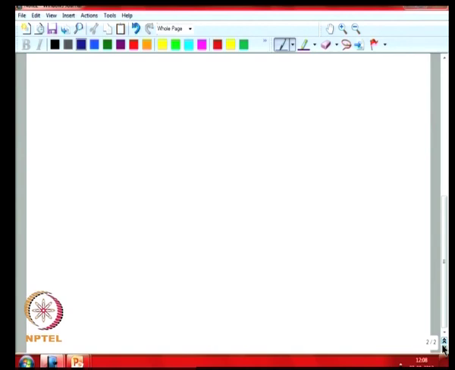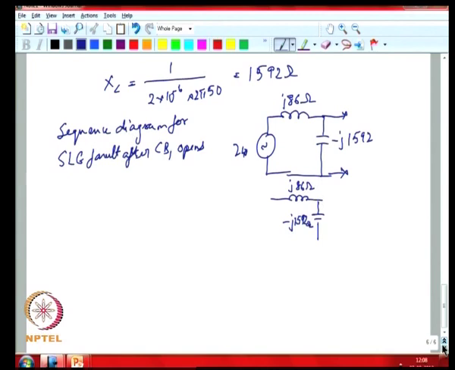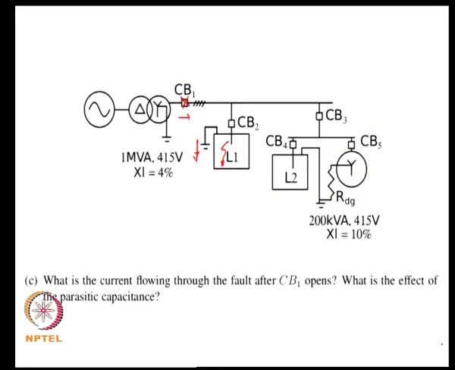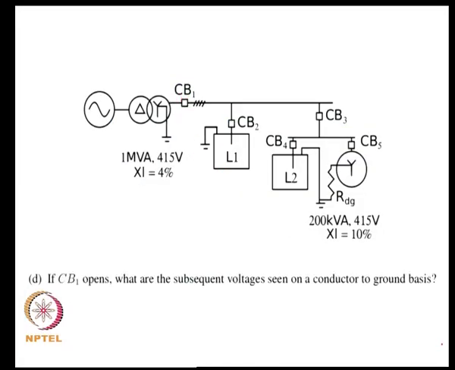So, the next problem is to look at, after the circuit breaker opened, what would be the subsequent voltage seen on a conductor to ground basis.